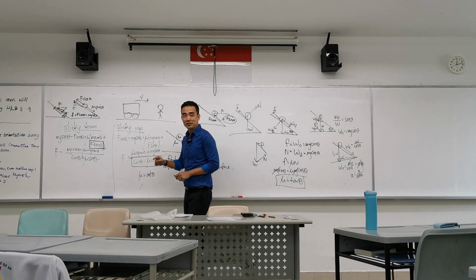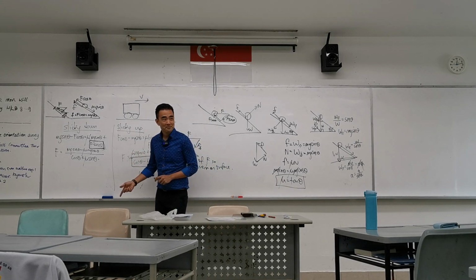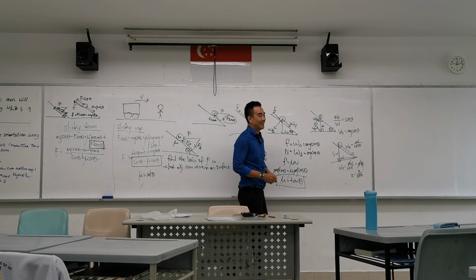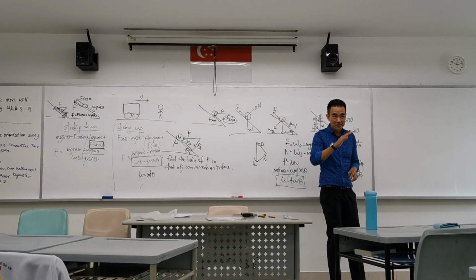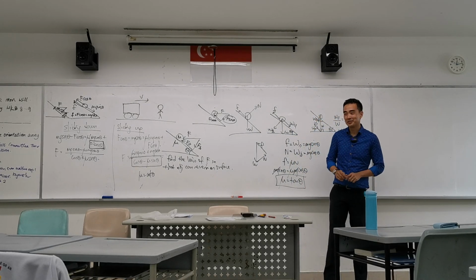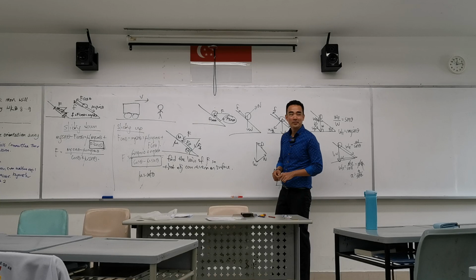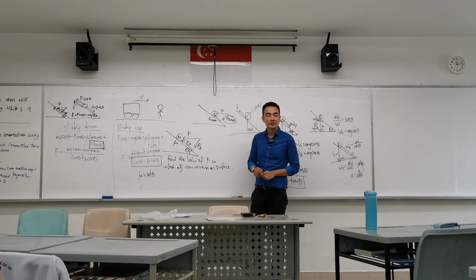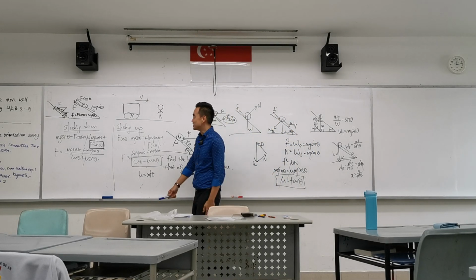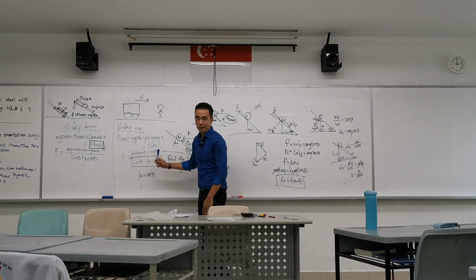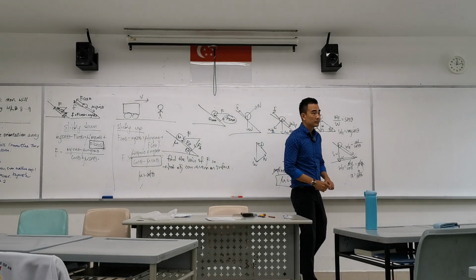But is it possible for an object not to be able to slide down? Can you create a surface where it is impossible for the object to slide down? Yeah, exactly, it's not possible. So it is not possible for this case, but it is possible for this case.